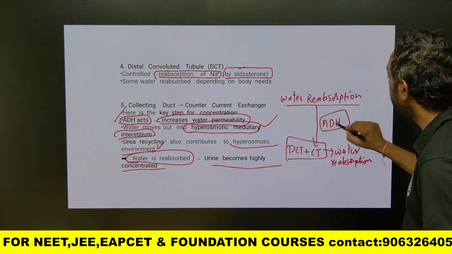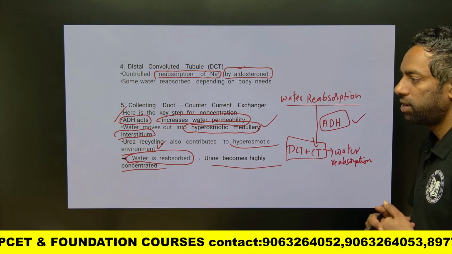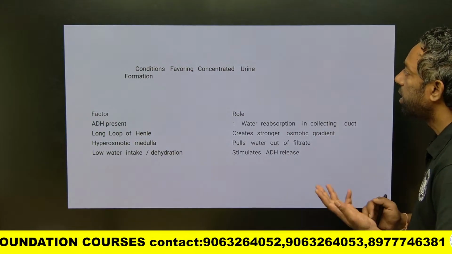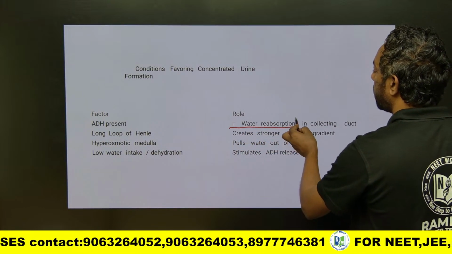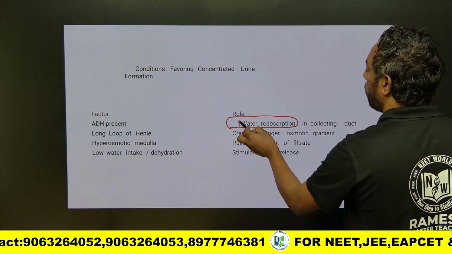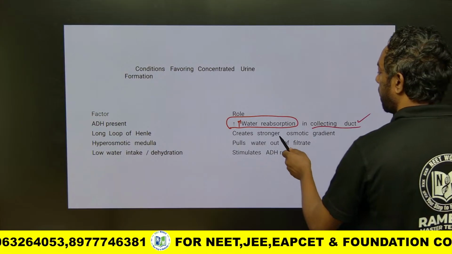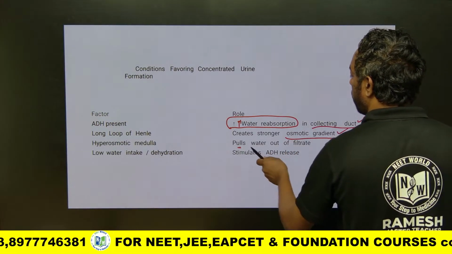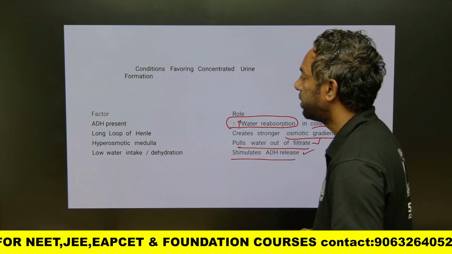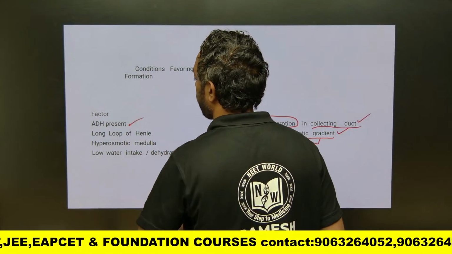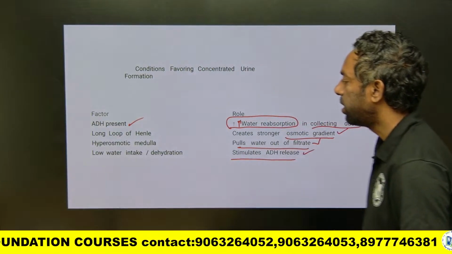In the conditions of concentrated urine, the rate of water reabsorption increases. In the collecting duct it creates a stronger gradient, pulling water out of the filtrate, stimulated by the hormone ADH. ADH present, loop of Henle, osmotic medulla, low water intake with dehydration.